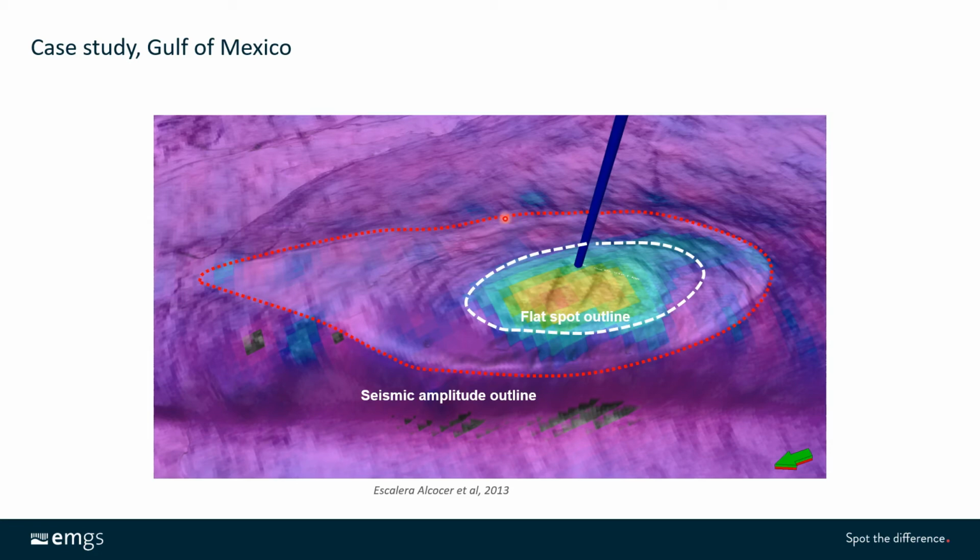But the customer wanted to drill in any case because they had some commitment for a well in this area. They drilled the appraisal well over here and the result was a dry well. The first one was a discovery well, which matches quite nicely with the CSEM response. But here we don't see any resistor, and when the customer drilled this well, they found it was a dry well.